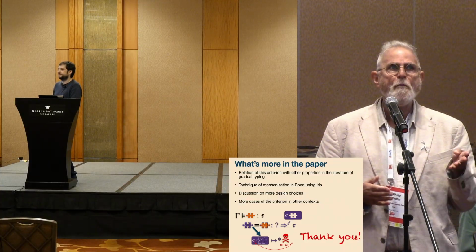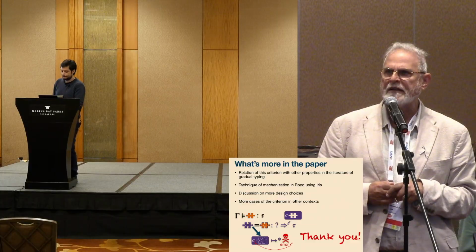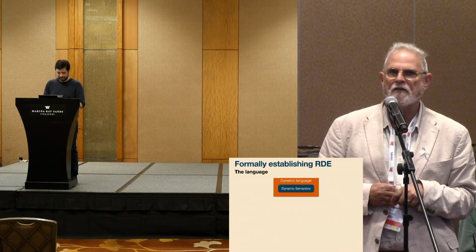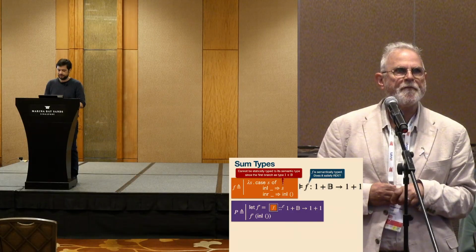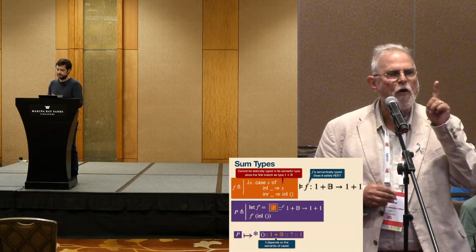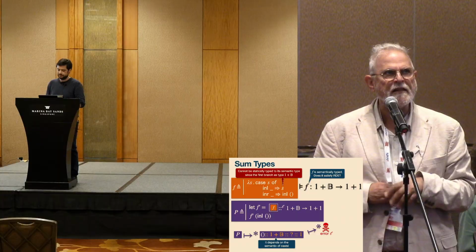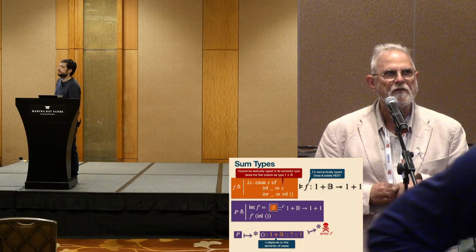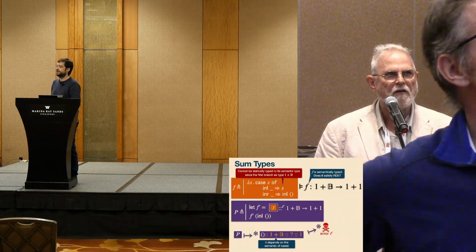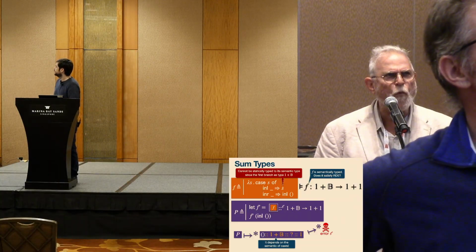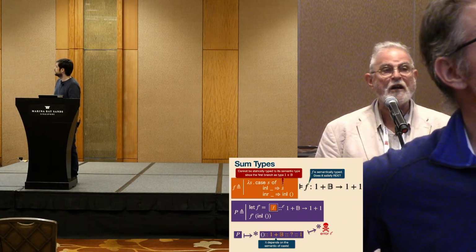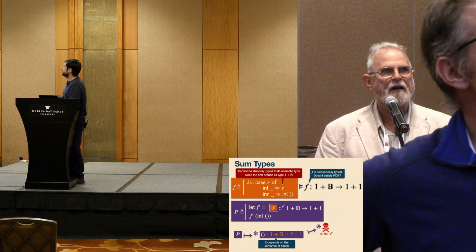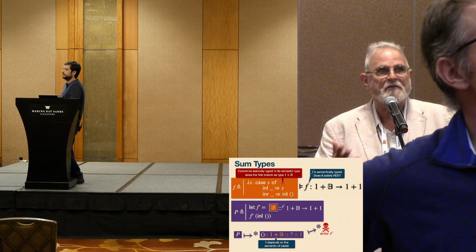But then could you go back to your first counterexample? I didn't quite follow that. The sum types, this one? Yeah. So the orange there means statically typed or dynamically typed? The orange is dynamically typed. So this is a dynamic expression. Okay, and then you said what goes wrong is you cannot statically type it. You can't type it, but we don't care.